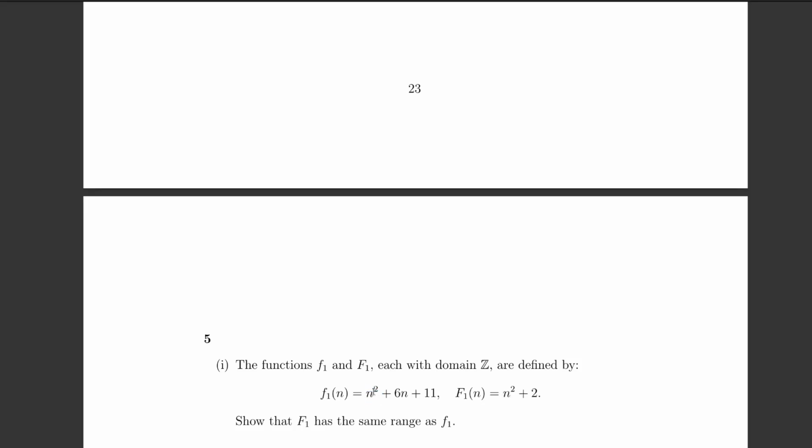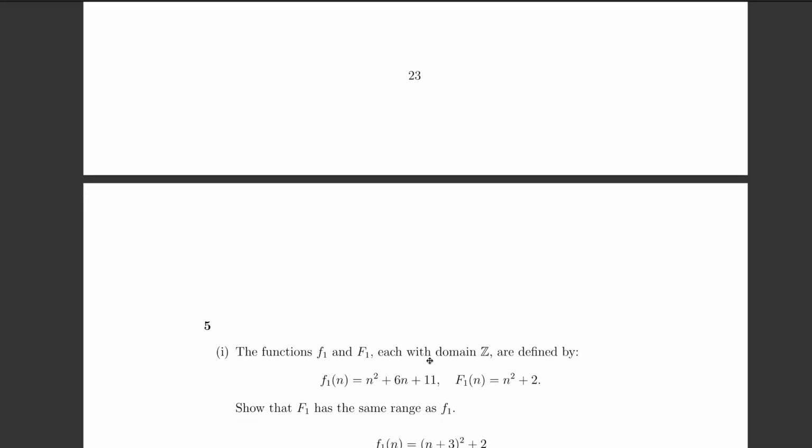Because we're never doing any division here, and we're never square rooting, and we don't have any other special functions, so there's no way we're going to get a rational number or an irrational number out of these functions. So these functions are going to be from the integers to the integers.